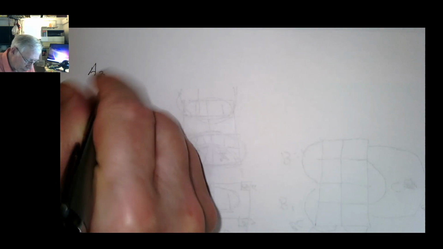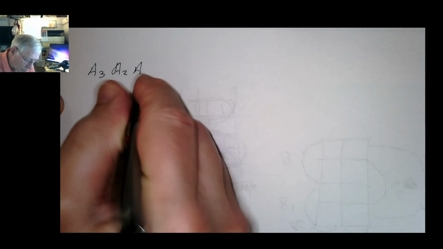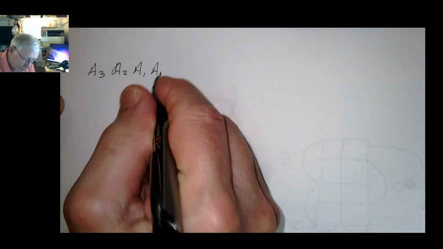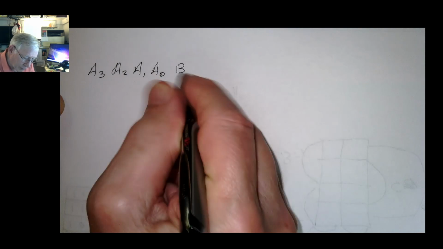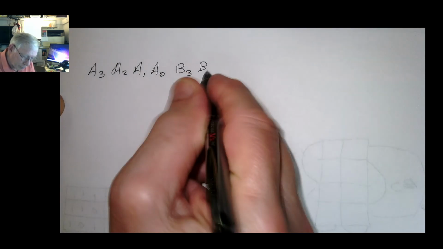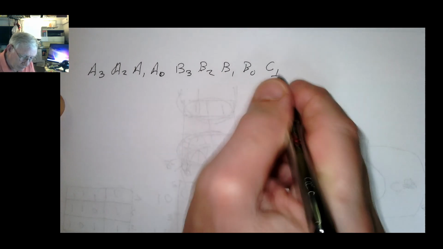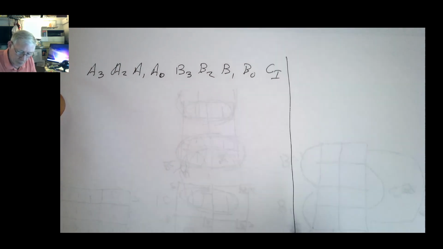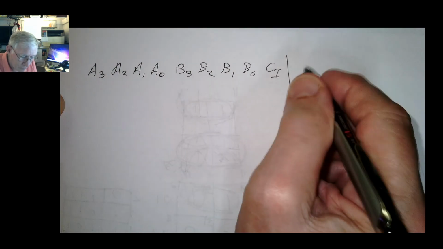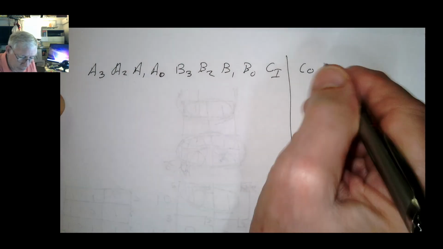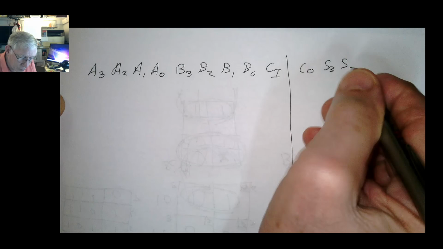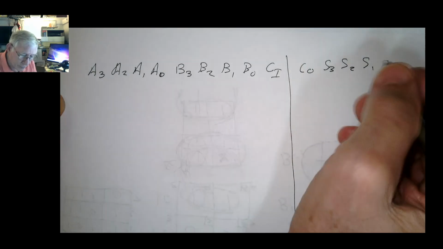All right. So we have A3, A2, A1, A0, B3, B2, B1, B0, and a carry in. And then for outputs, we're going to have a carry out and a sum 3, sum 2, sum 1, and sum 0.